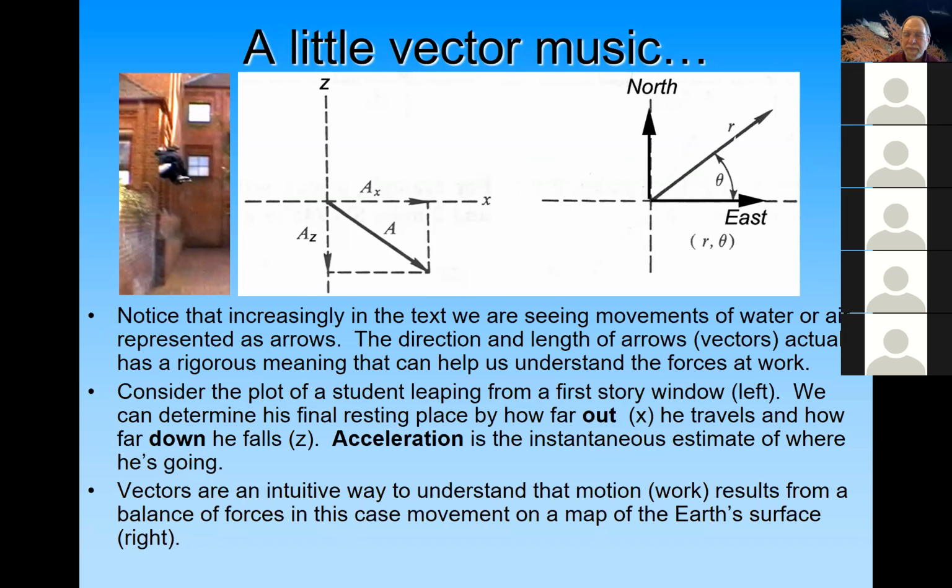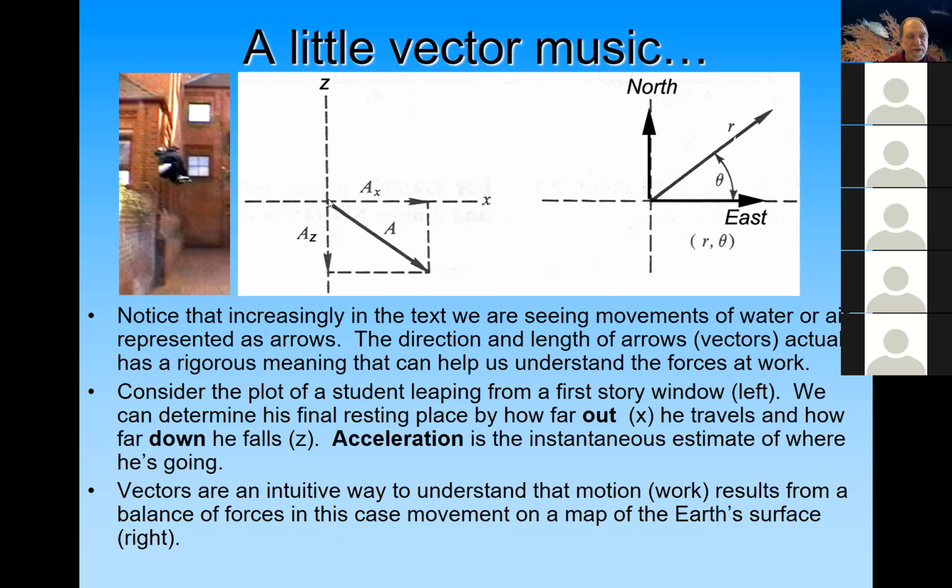But that acceleration decays as a result of friction, and so he stops accelerating in that direction. But this acceleration of gravity is constant, so eventually he'll come to rest on the ground at some distance out.